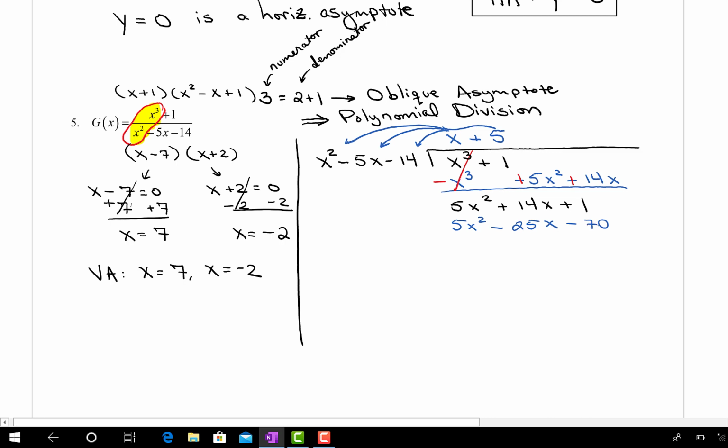Yes, I think so. Now we're going to subtract this polynomial, so I'm going to change the signs. Minus, plus, plus. The 5x squareds cancel out. And then if I add those together, I'm going to end up with 39x plus 71, I believe.